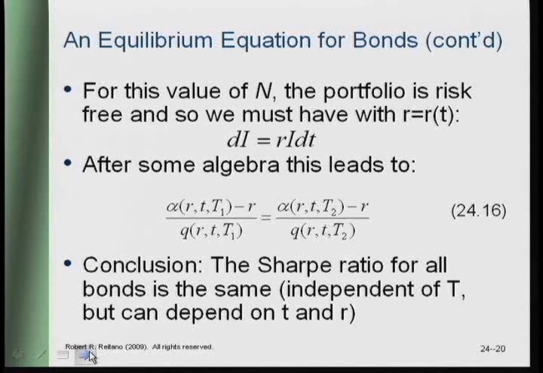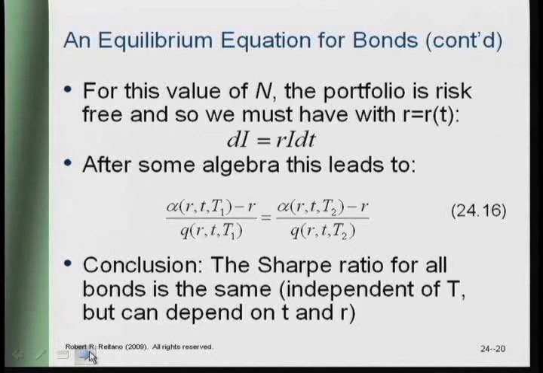That was the idea: if we have a portfolio that is risk-free, its differential must be the risk-free rate with a time adjustment. So if we equate dI, with that given value of N, to R times I times dt, and we do some algebra, we get this formula.